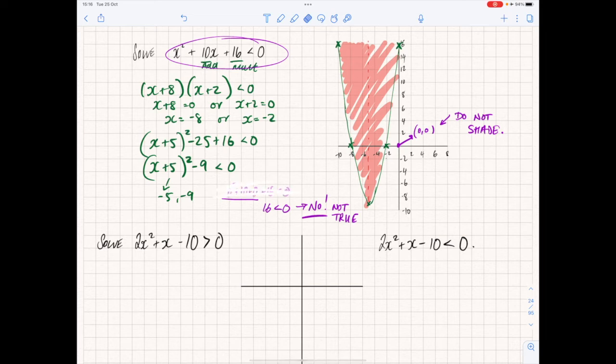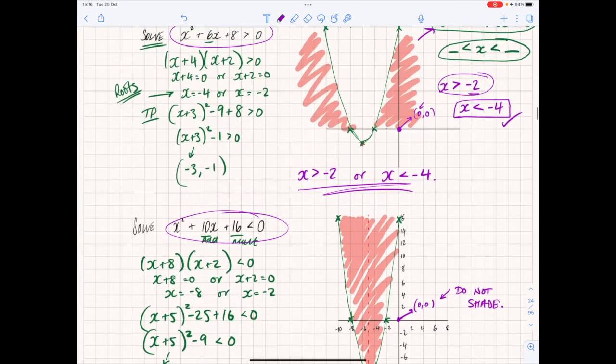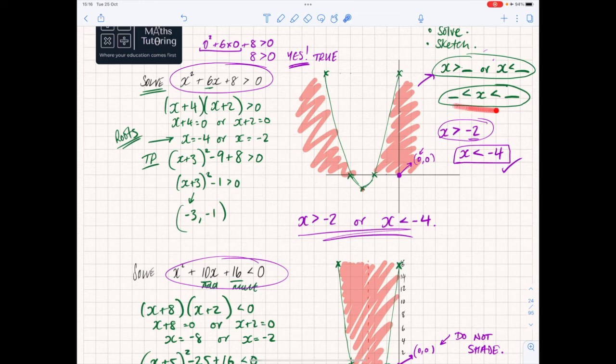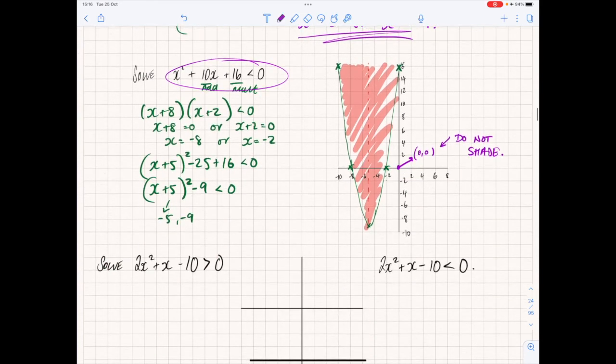So because I've shaded inside the parabola, if we go back to what we said up here, the points I'm going to be looking at are -8 and -2 because they're my two roots. So I say -8 is less than x, which is less than -2.